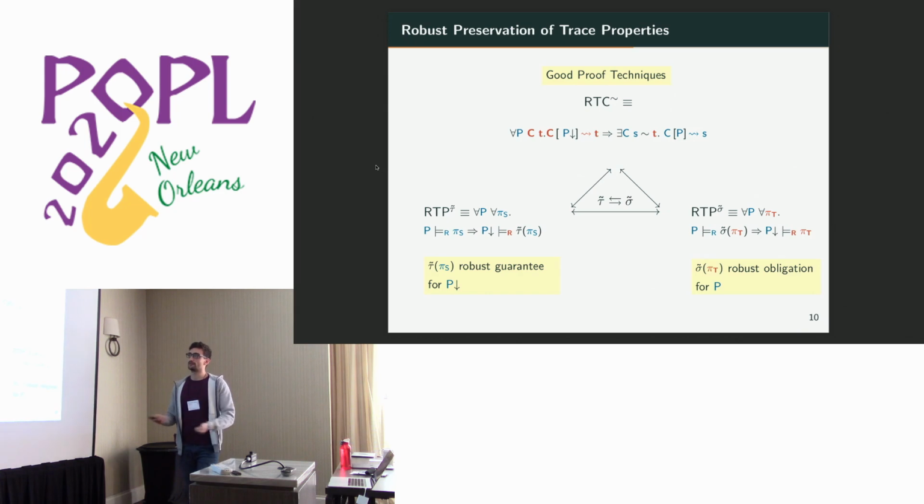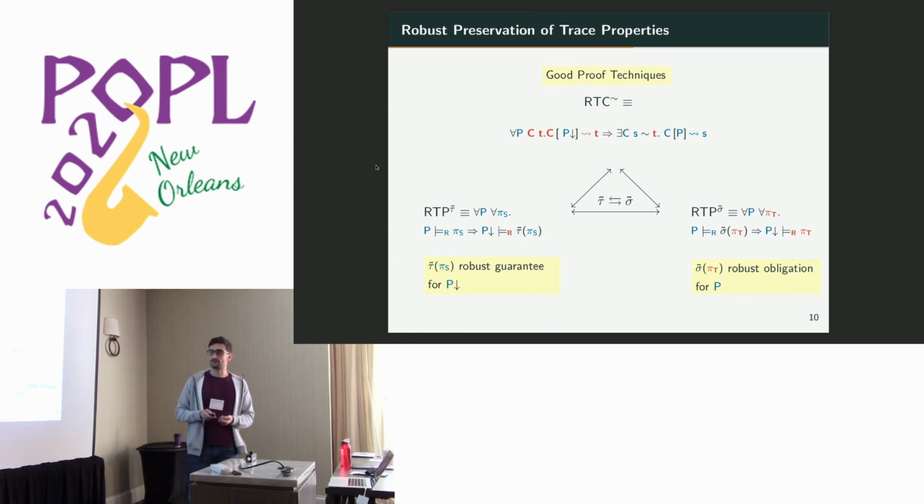And on the basis of this, you have again 2 criteria that are stated in terms of preservation of robust satisfaction. And the key idea is that this time tau tilde of pi s will represent the property that is guaranteed to hold after compilation for a partial program in an arbitrary target context.